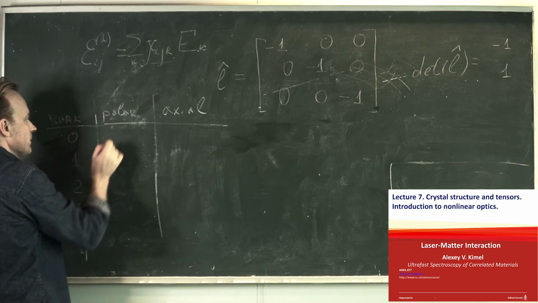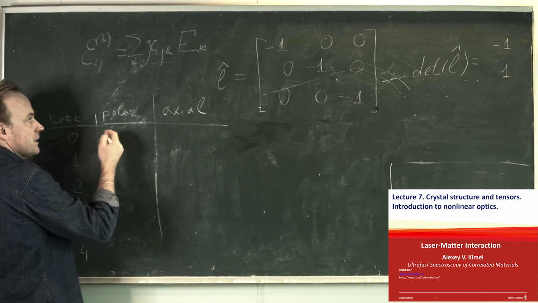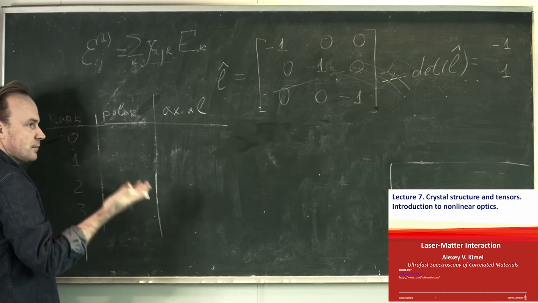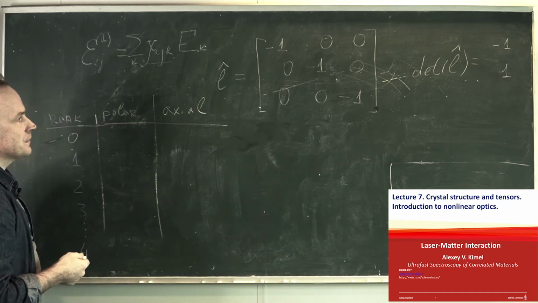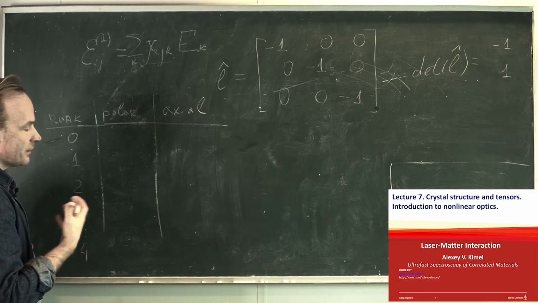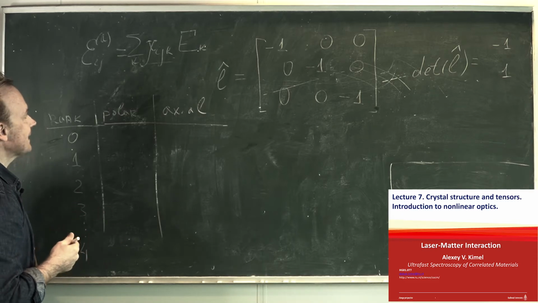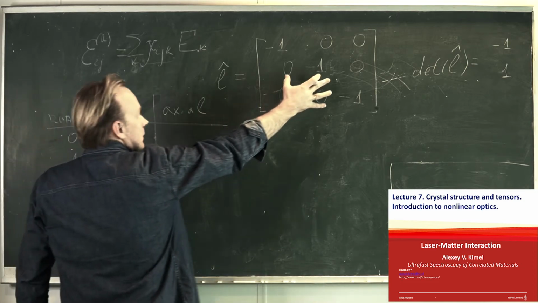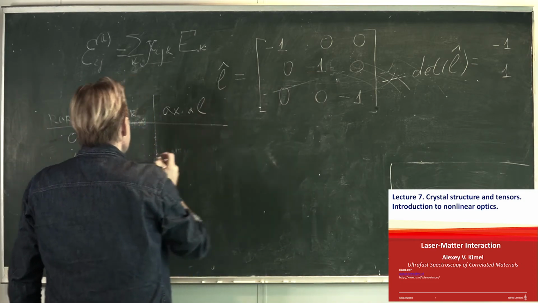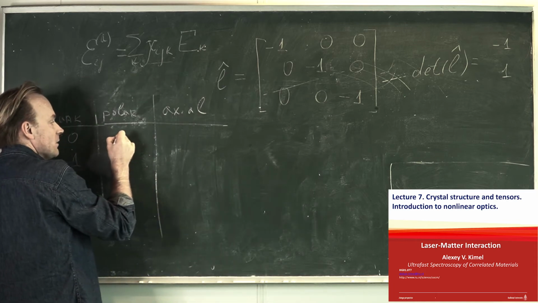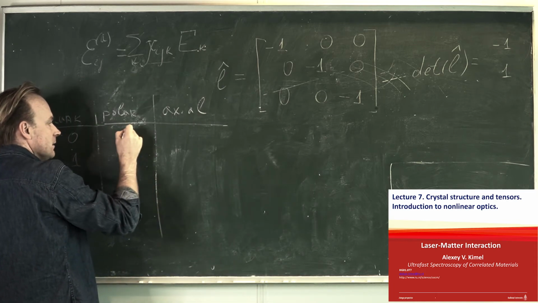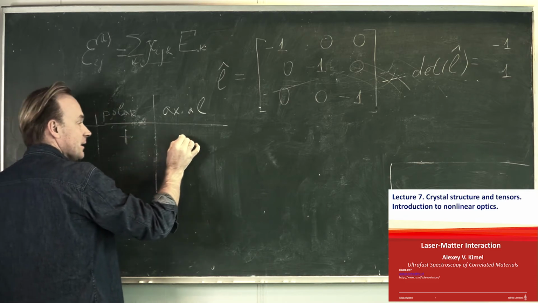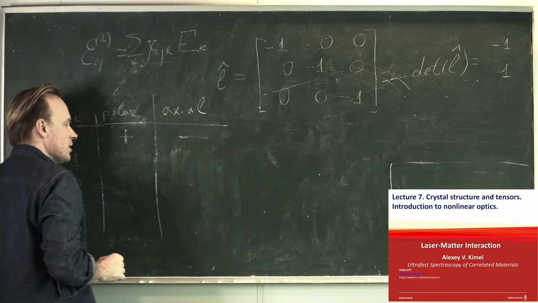For instance, for the zero-rank tensor, you can look at the rule that defines the elements of the tensor in a new coordinate system upon space inversion. So you can see if you talk about a zero-rank polar tensor, its components will not change sign, but the components of an axial tensor will change sign.